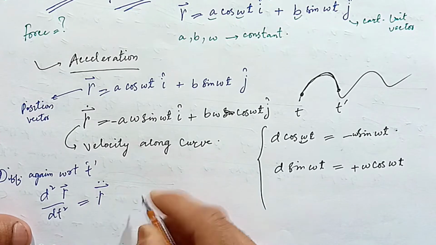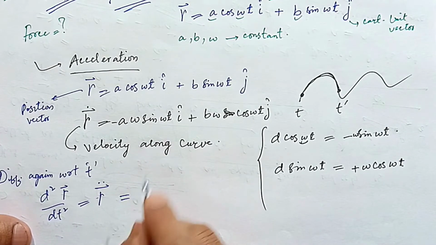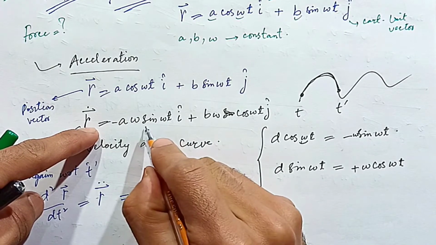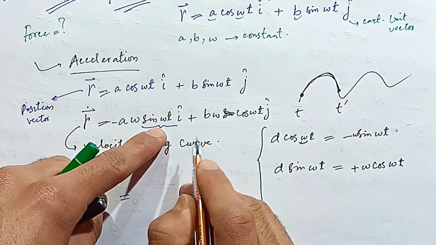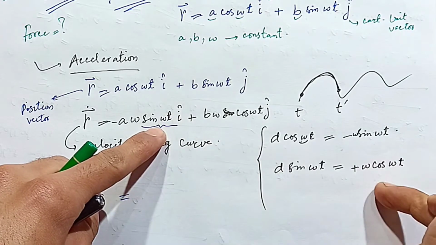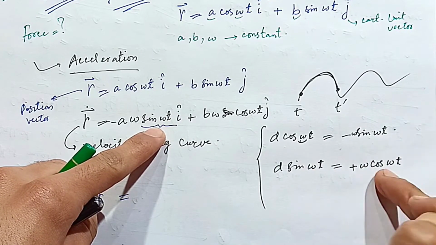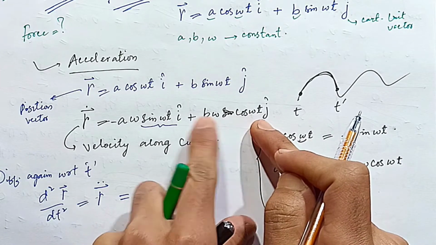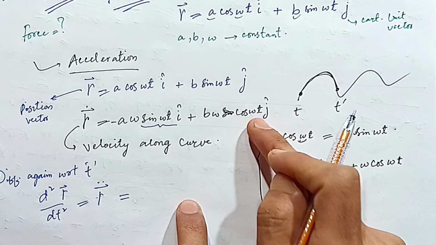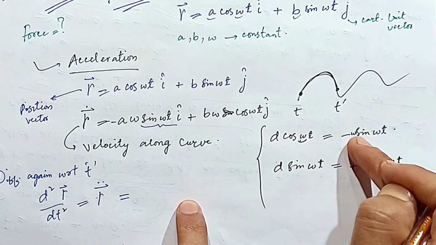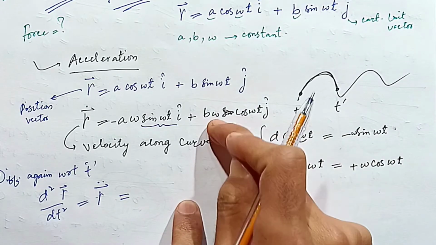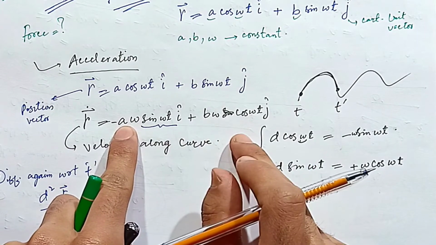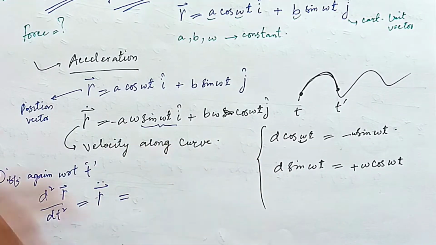Differentiation of sine is cosine of omega t with an extra term omega, and differentiation of cosine of omega t is minus sine omega t with an extra term omega, keeping a, b and omega constant outside.